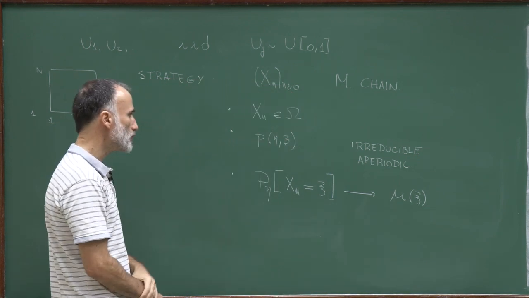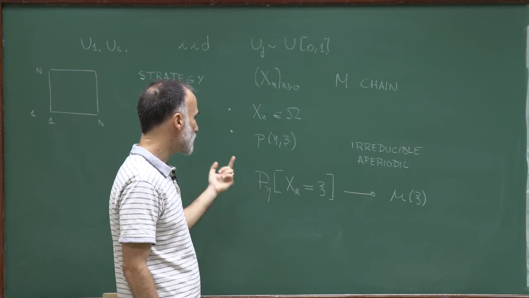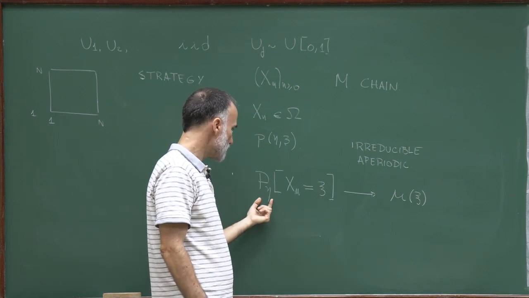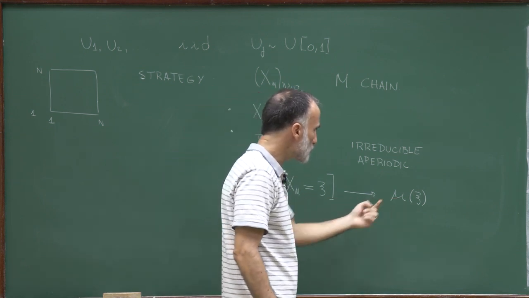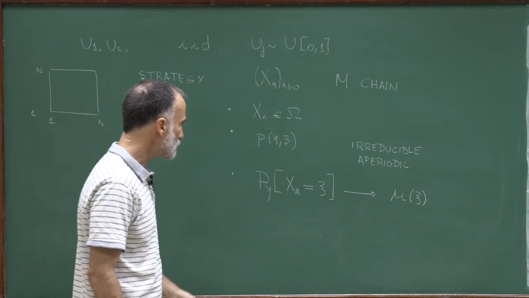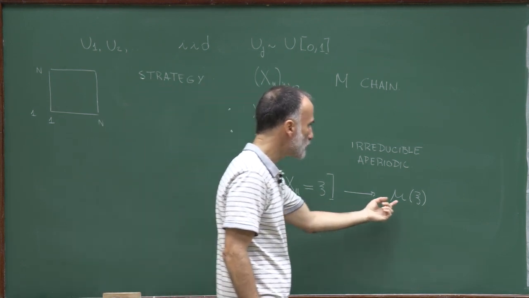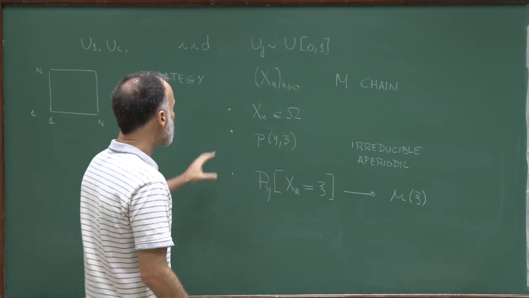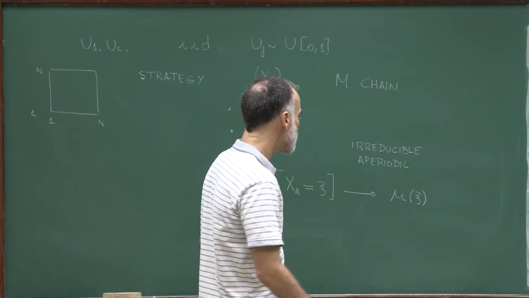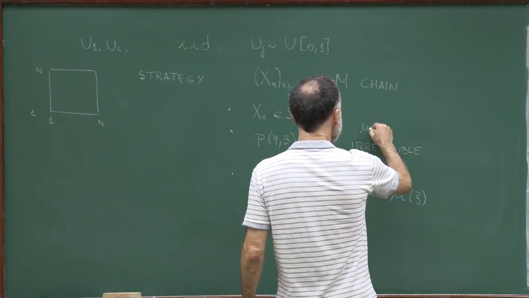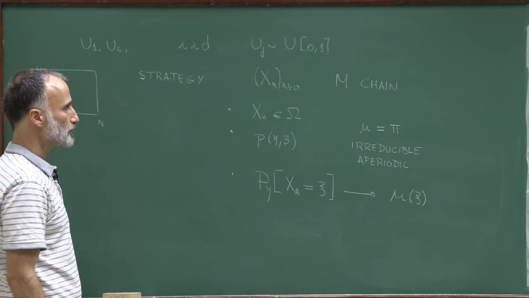An important theorem in the theory of Markov chains tells me that the process is ergodic, which means that if I start from any configuration eta and let the process evolve, the distribution at time n converges to the stationary distribution mu, which means that the probability that it is at psi at time n converges to mu of psi. So the idea is to construct a Markov chain which is irreducible and aperiodic and whose stationary state, mu, is equal to the measure we wish to simulate, so pi.